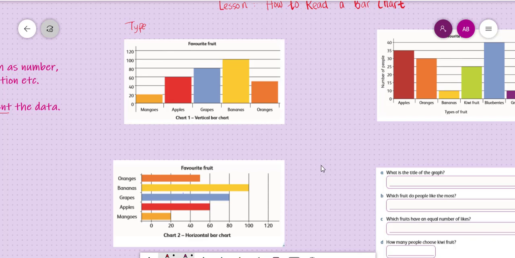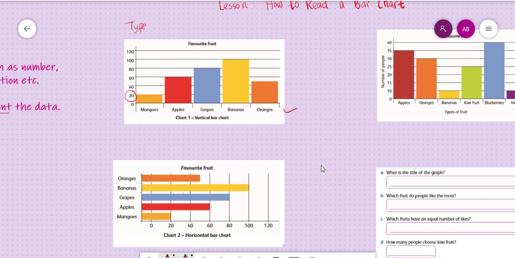How many students like this fruit? And this horizontal axis represents the fruits that have been chosen, for example mangoes, apples, grapes, bananas, and oranges. And then you can see over here the frequency of students that like that fruit.